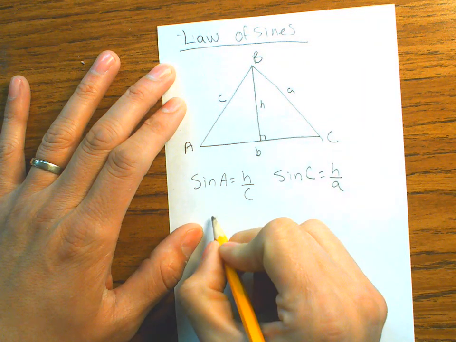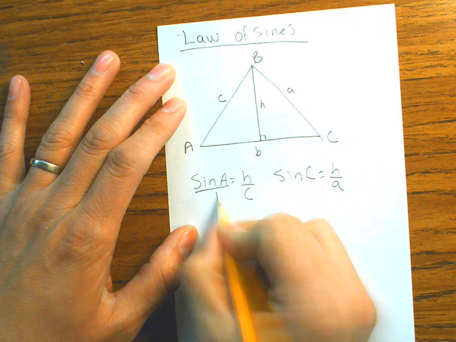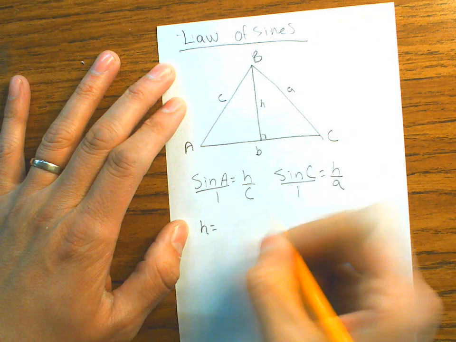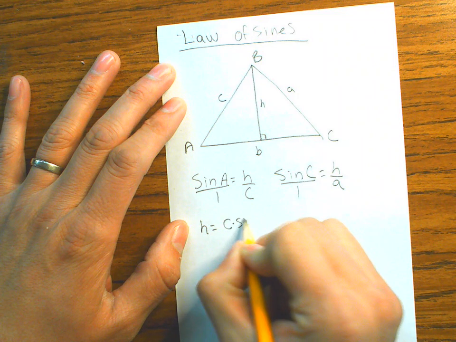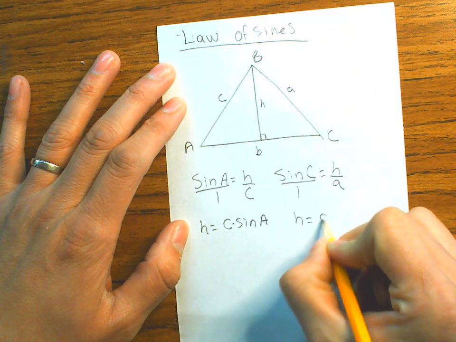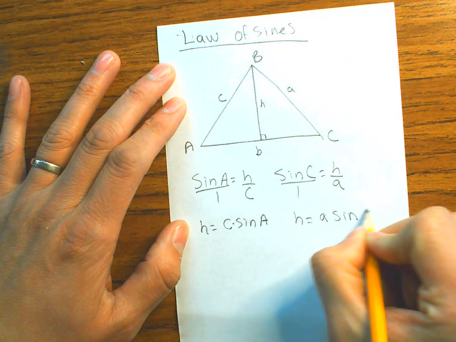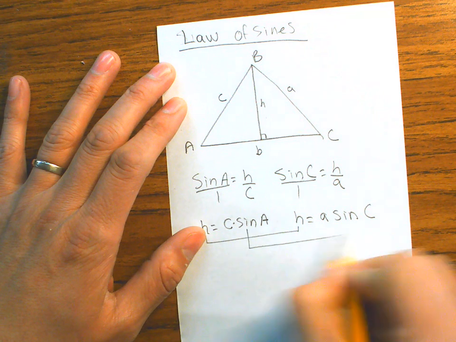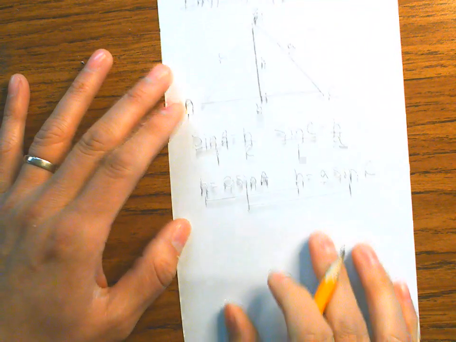Cross multiply, put it over 1, put it over 1. Cross multiply, you're going to get H equals C times the sine of A. Do the same thing on this one. H equals A times the sine of C. But remember, both of these H's are the same, which means that these two right here are exactly the same.